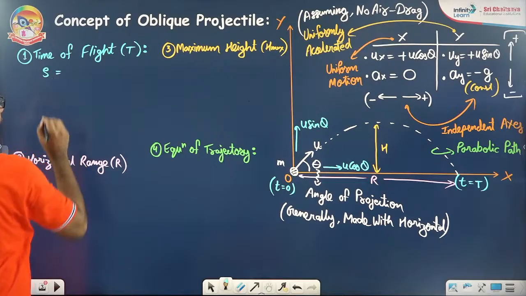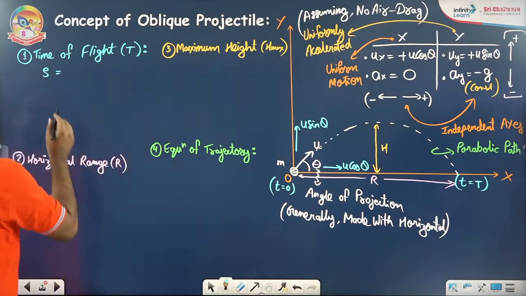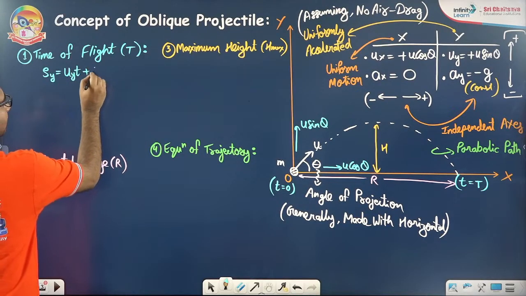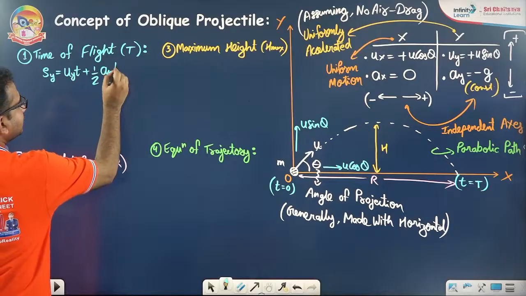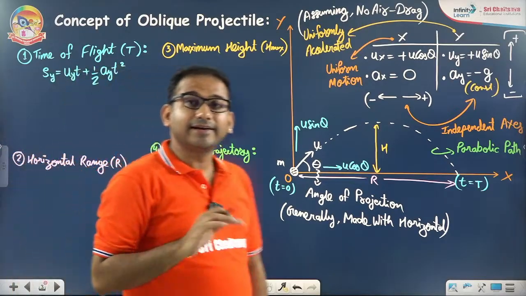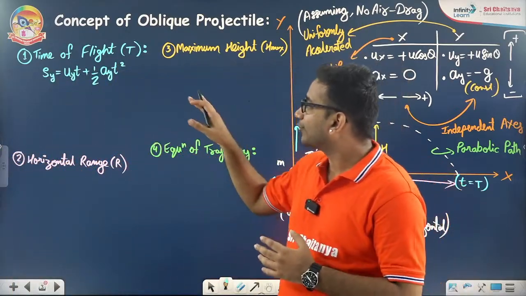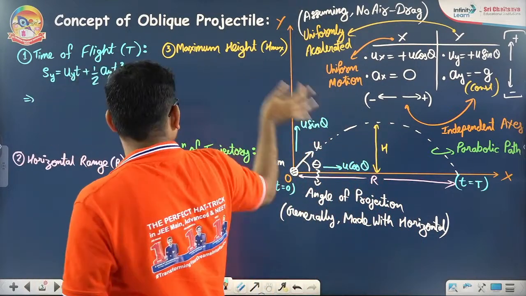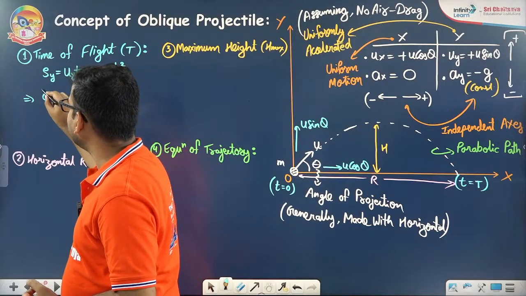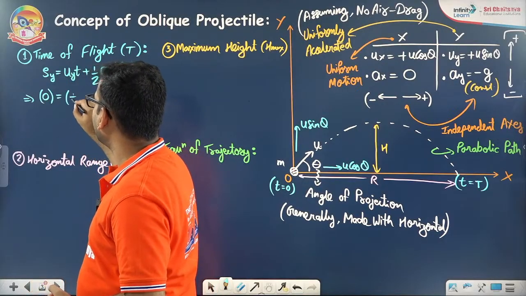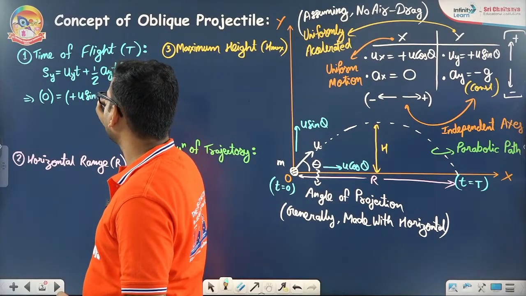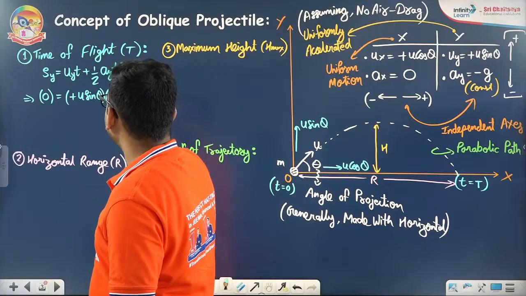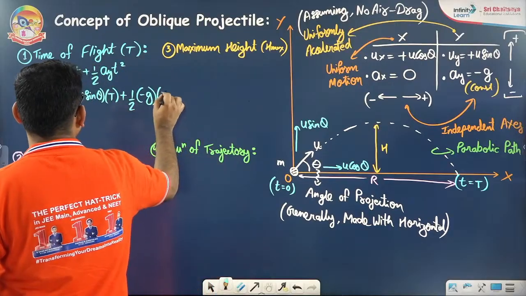That means if I say s equal to ut plus half a t square, I'll write it as sy equal to uy into t plus half ay into t square. I am indirectly restricting my analysis only to the y-axis. So when you come back on the ground, your y coordinate will be 0, and that will be equal to u sin theta into capital T plus half into minus g into capital T square.